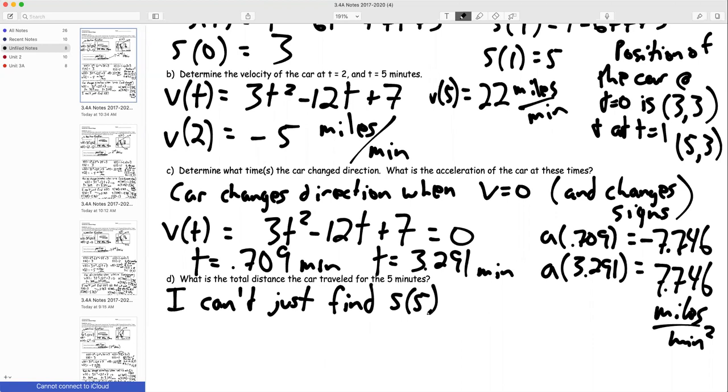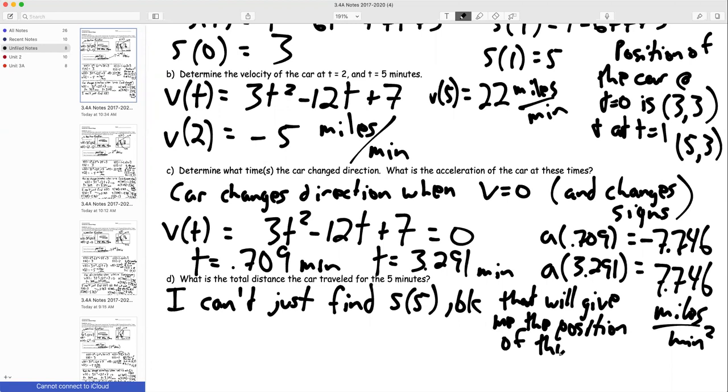How about, let's do this. Where do we start? S of 0. Let me finish my phrase here, though. I can't just find S of 5 because that will give me the position of the car at T equal to 5.